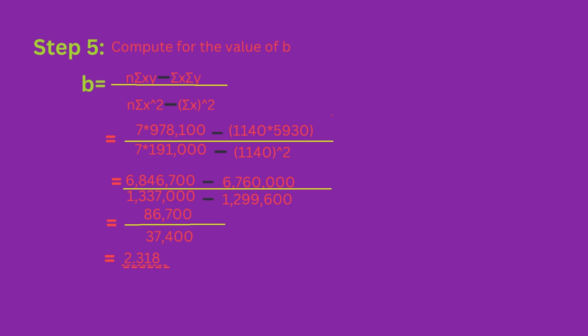978,100, minus summation of x, which is 1,140, multiplied by summation of y, which is 5,930, divided by n, which is 7, multiplied by summation of x squared, which is 191,000, minus summation of x, which is 1,140, then we square.